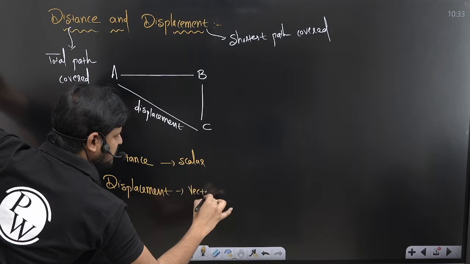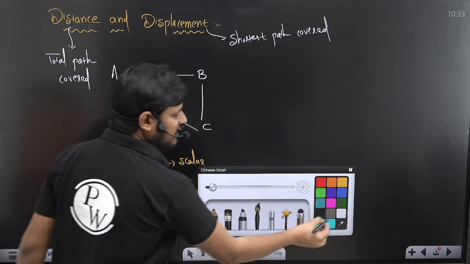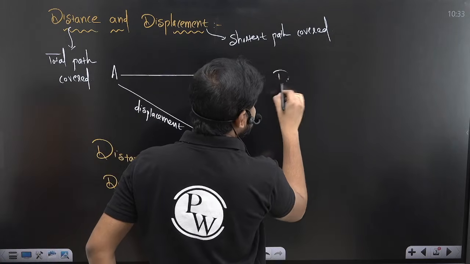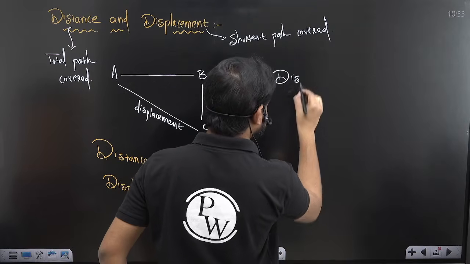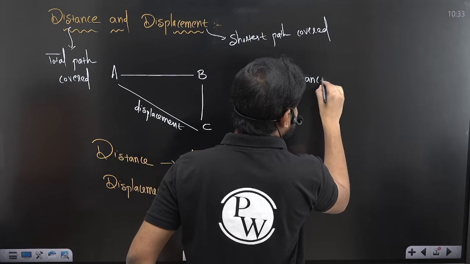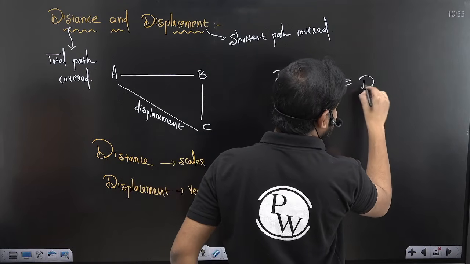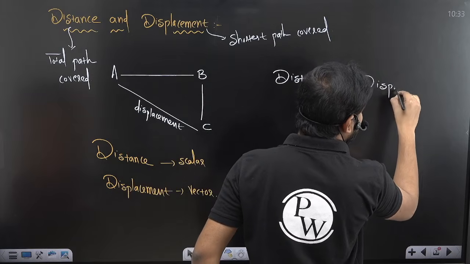We already know that the distance will be greater than or equal to the displacement. In which case will it be equal?